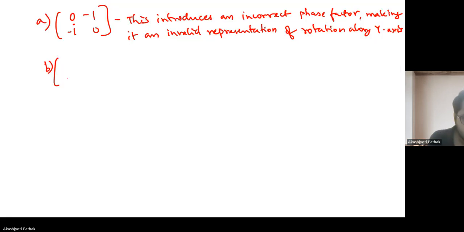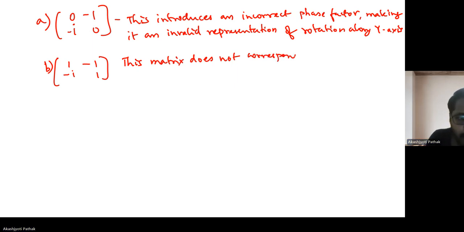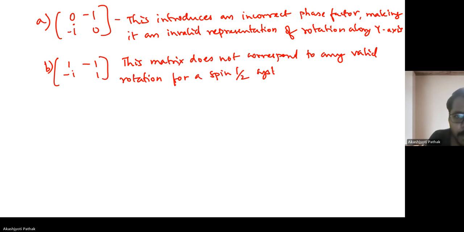This matrix does not correspond to any valid rotation for a spin-half system.